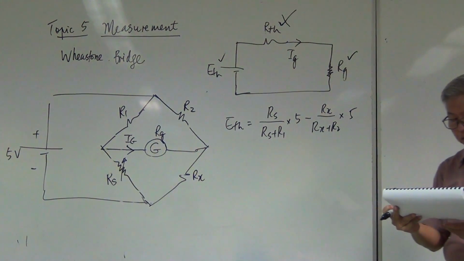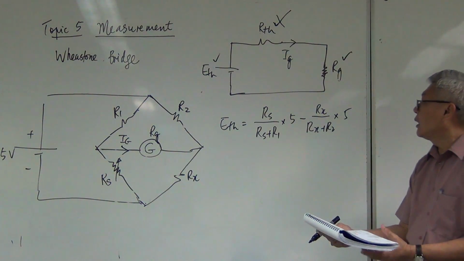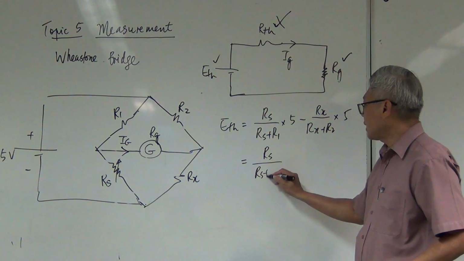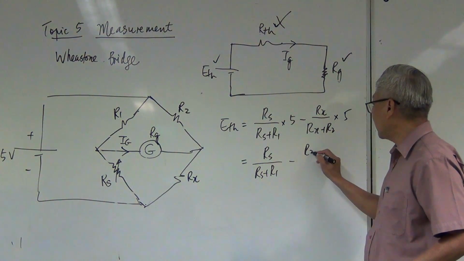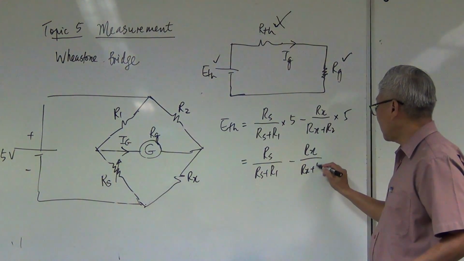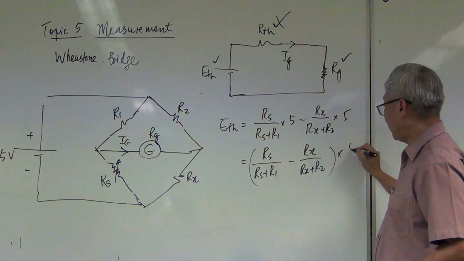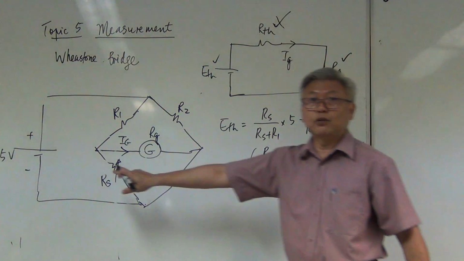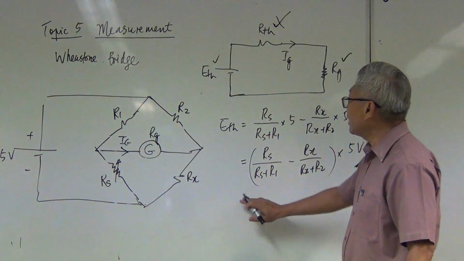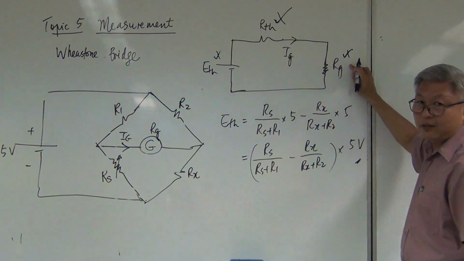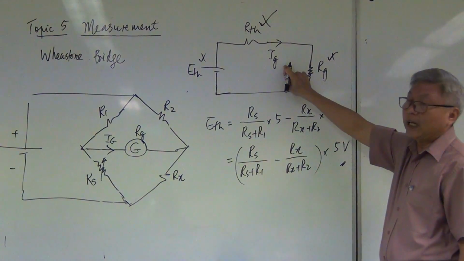To simplify, it is Rs over Rs plus R1 minus Rx over Rx plus R2, multiplied by the supply voltage, which is 5 volt. Once I know ETH, RTH, and the internal resistance of the galvanometer, I can find IG.